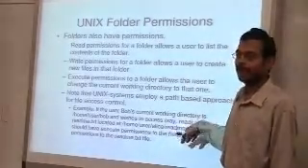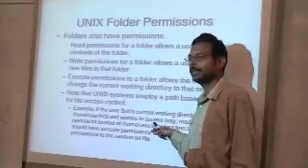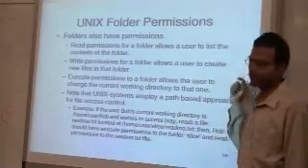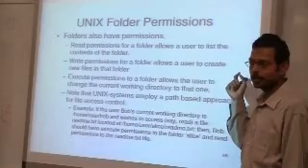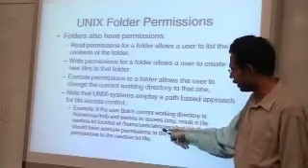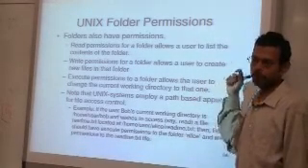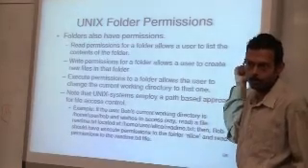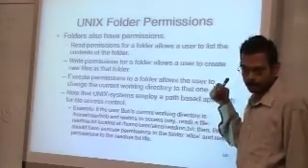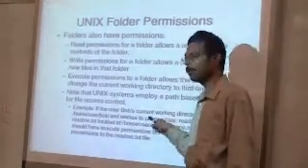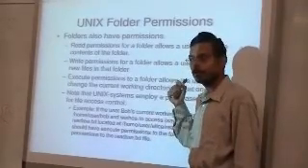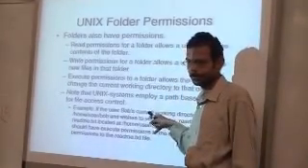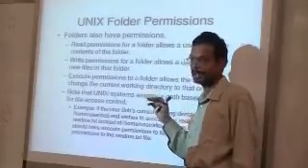Alice may think, okay, say Bob belongs to the others group, so she can give read permission to the others group and everyone can read that file. No. She also has to make sure she gives the execute permission to the others for the folder Alice. See that basic thing?